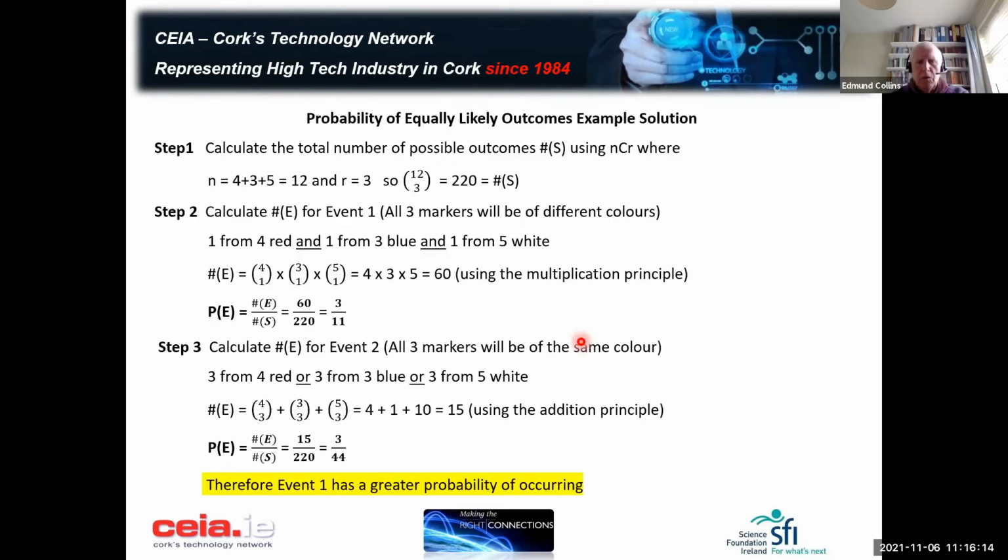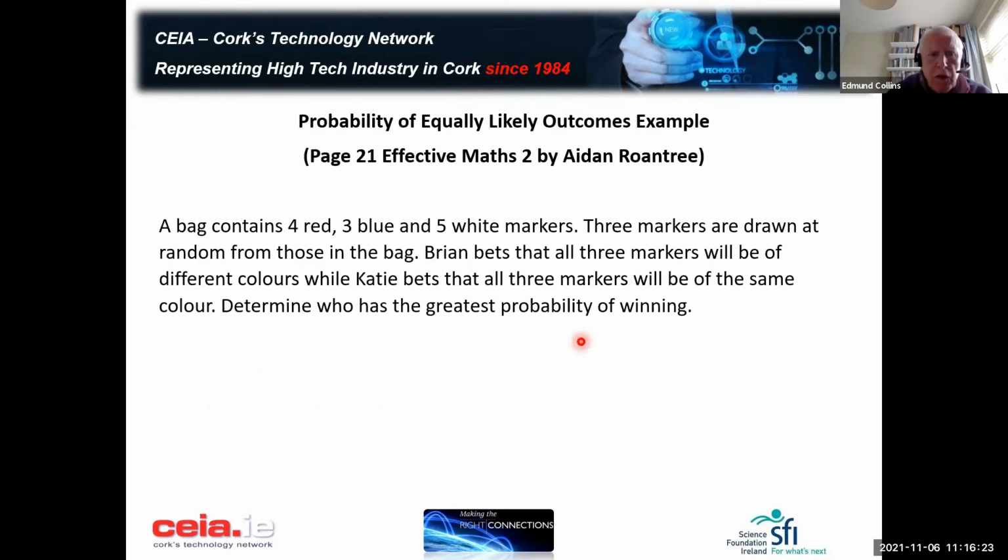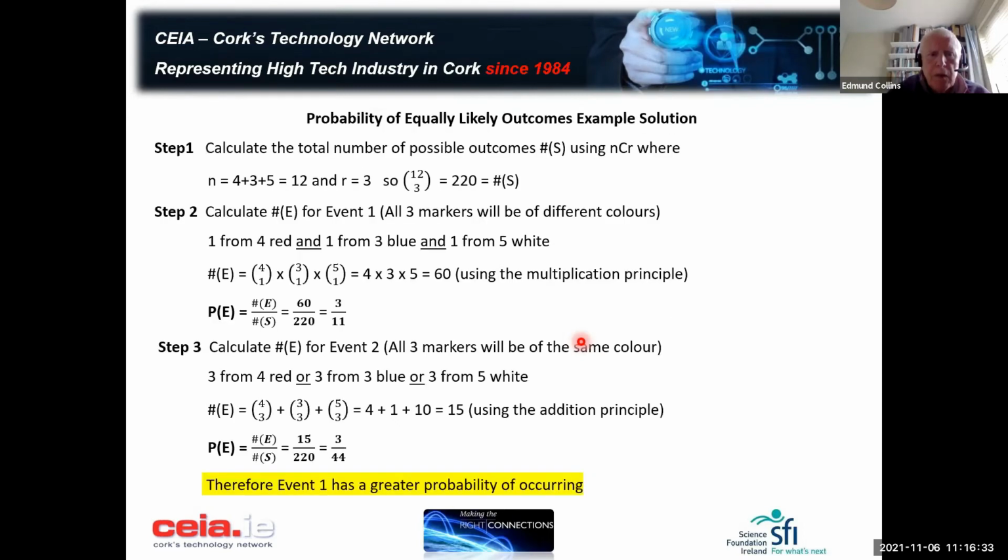Really what we need to consider here is the number of markers in the bag, which are 4, 3, and 5. So there's 12 markers, and we're going to be picking three markers from the 12.